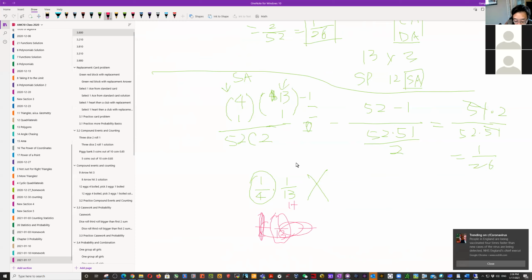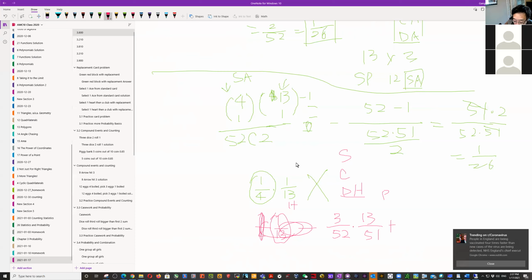For example, if I select heart, diamond, club and spade, I have 1 out of 52 ways to select that. Then for the remaining, because that's spade, I have 13 out of 51 ways to select the remaining cards.